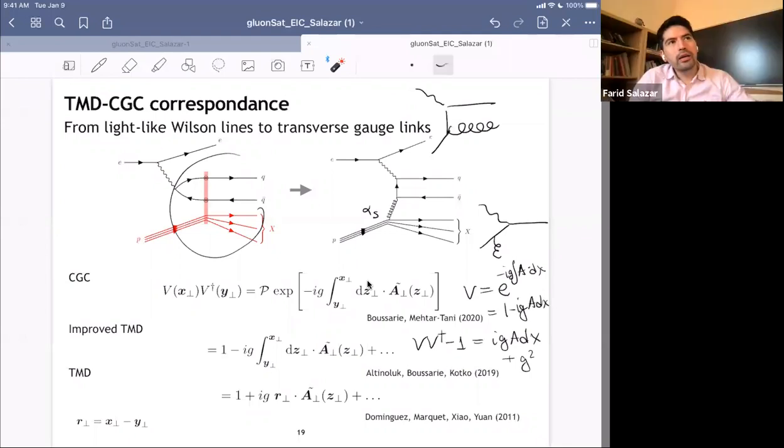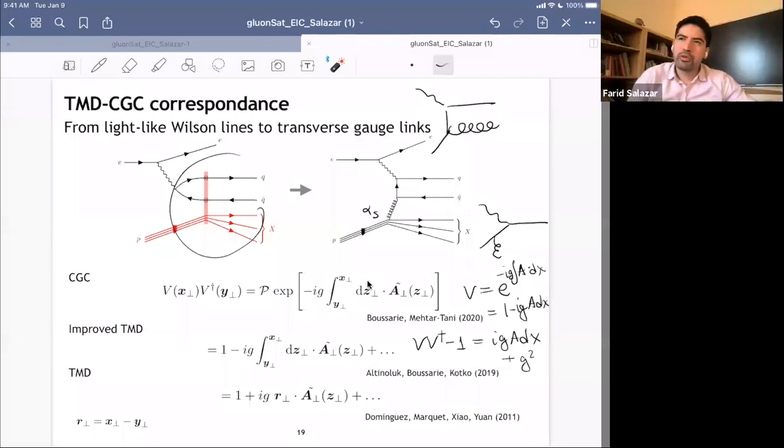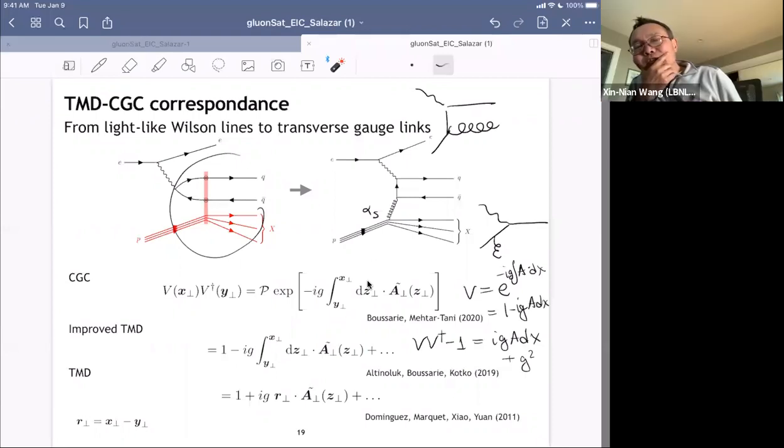Yeah, I understand where you come from, because I've seen this interpretation as well. And maybe for the total cross section it's true, but I don't think this is true for dijets. No, not for dijets. Definitely not for dijets.